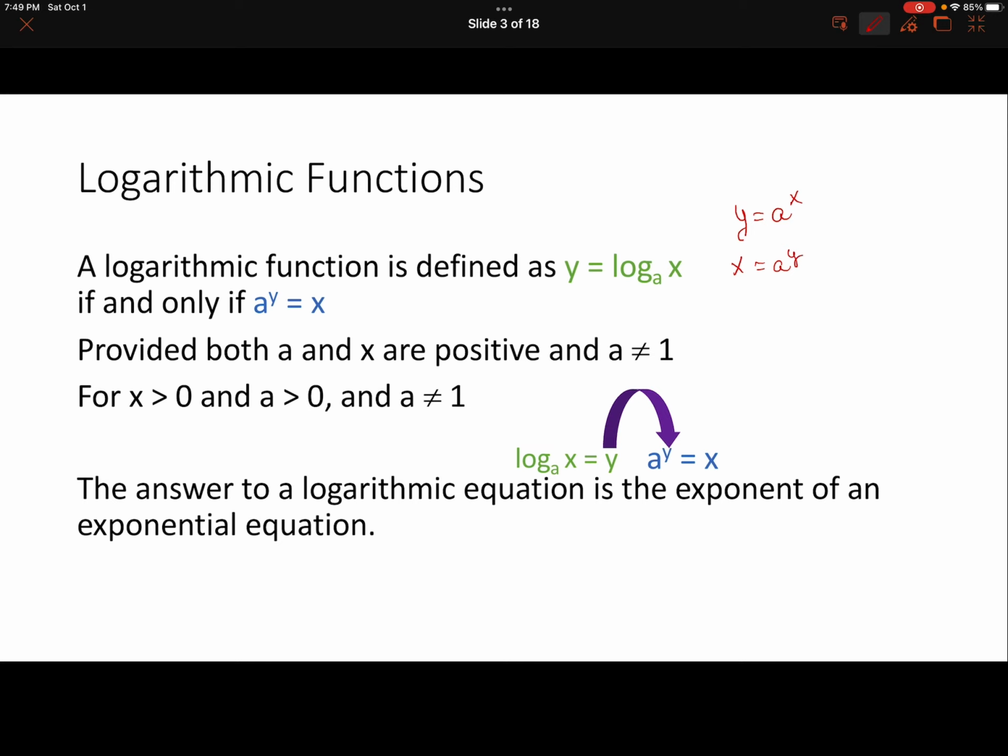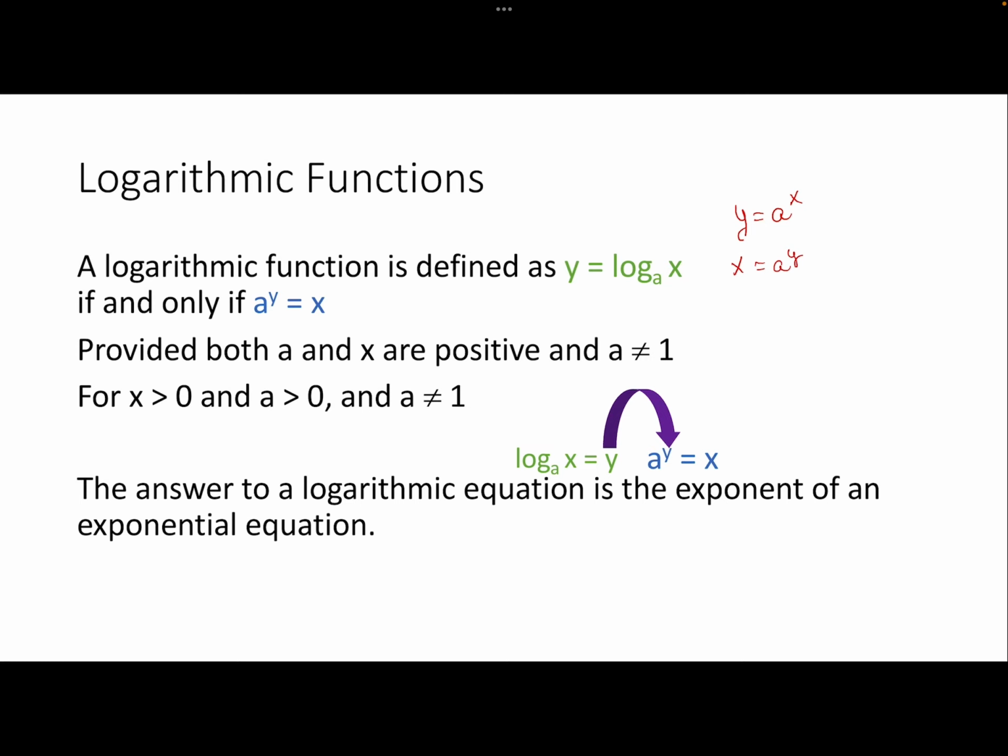We've switched the x and y around. This is provided that both a and x are positive and a is not equal to 1, because 1 to any power is still itself.